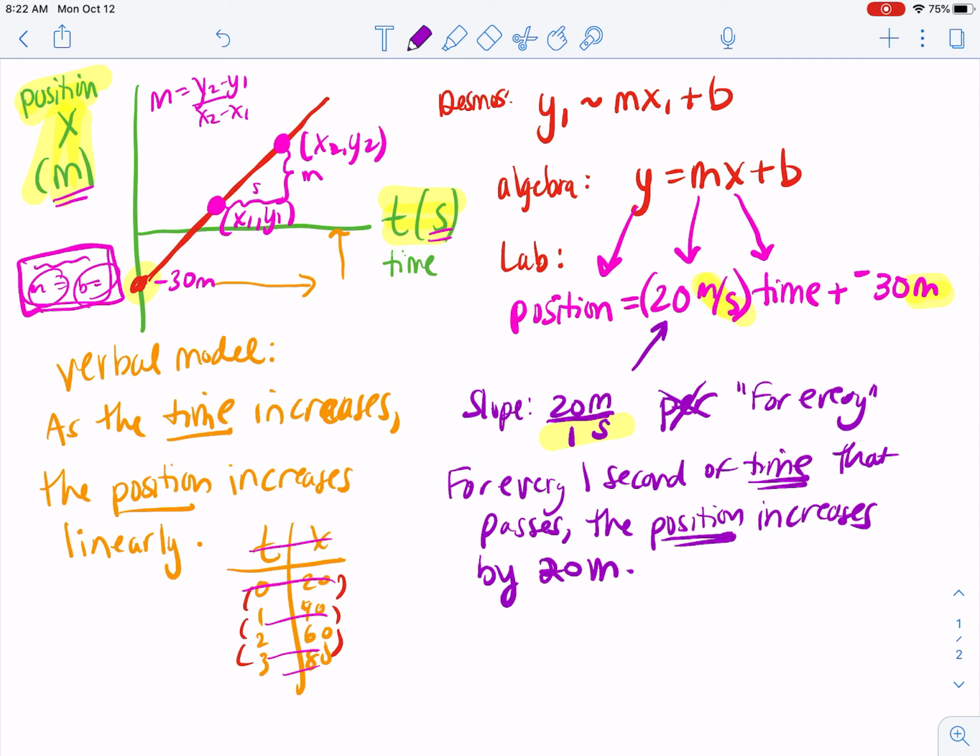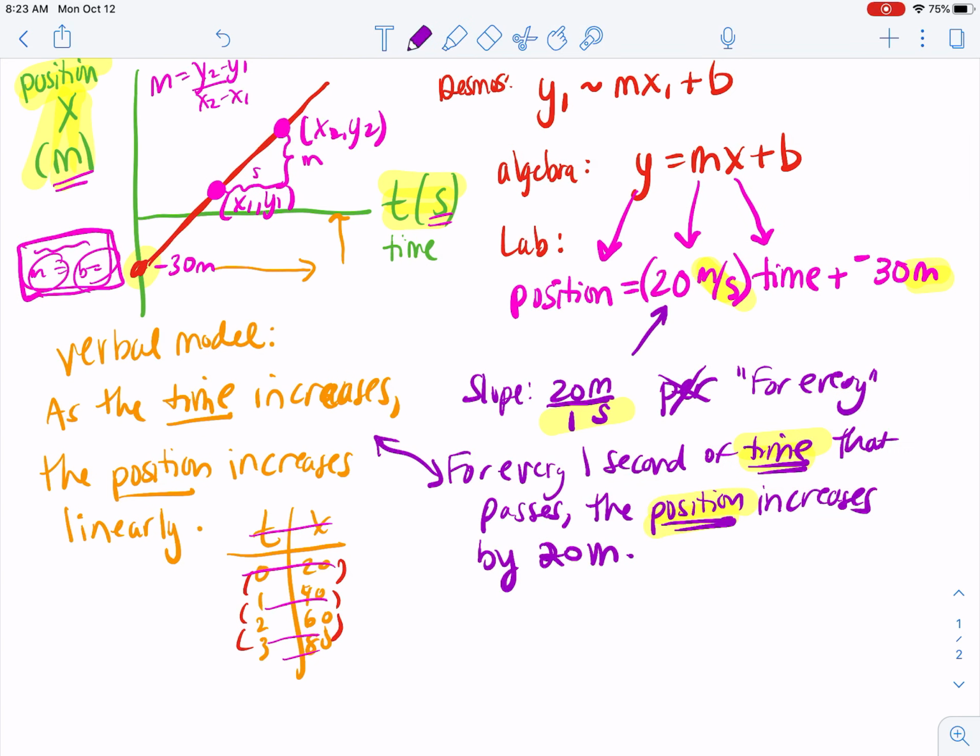So now we're just putting a number on this. This is pretty close to the verbal model, but the slope explanation has a number in it. That makes sense. I want you to write it like this, and I really, really need you to write the variables: for every 1 second of time that passes, the position increases by 20 meters.